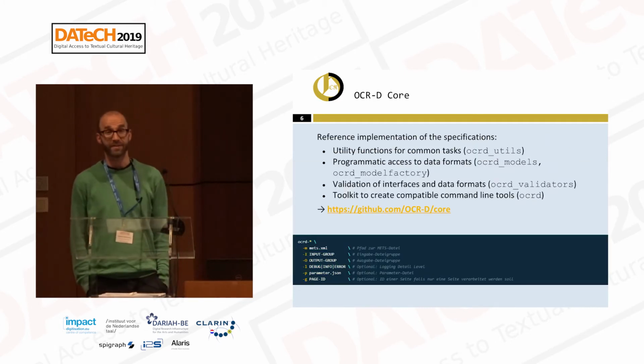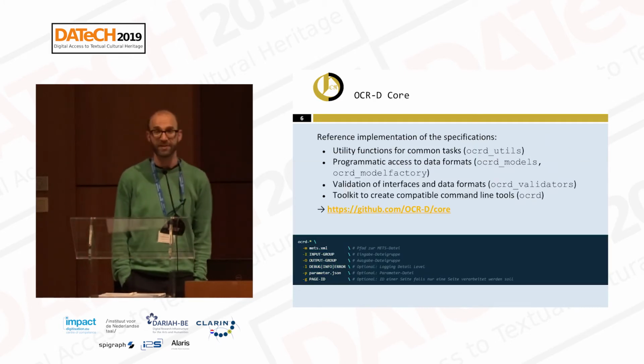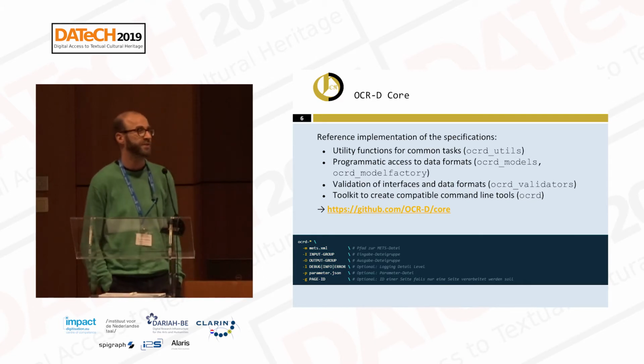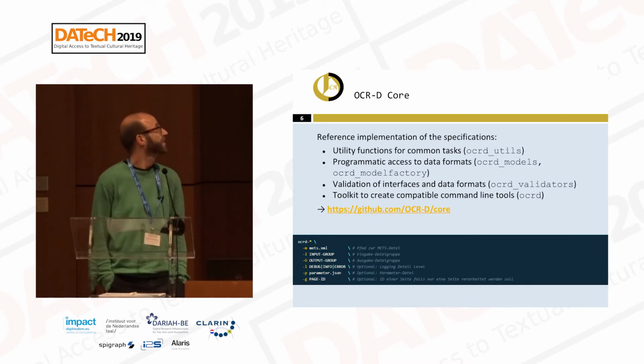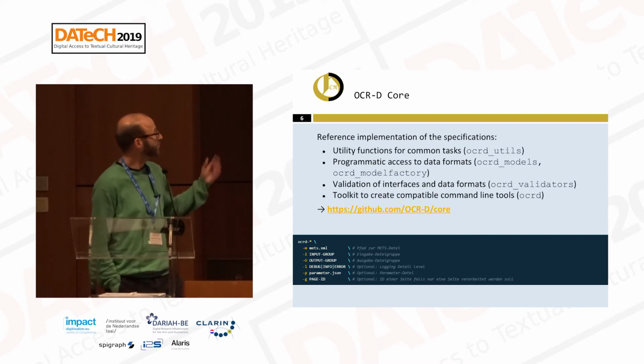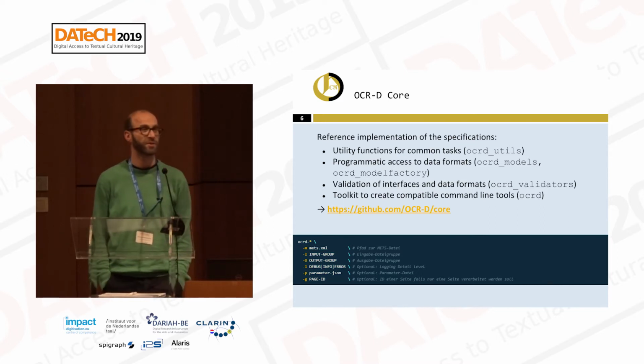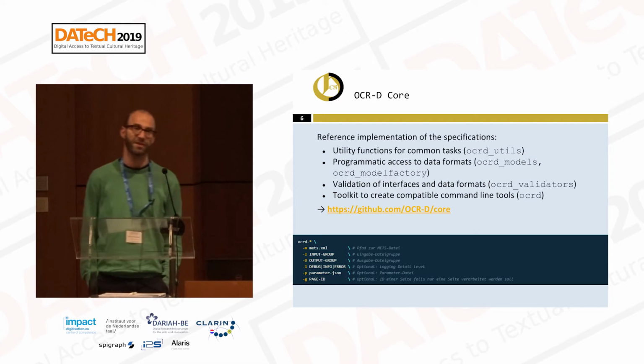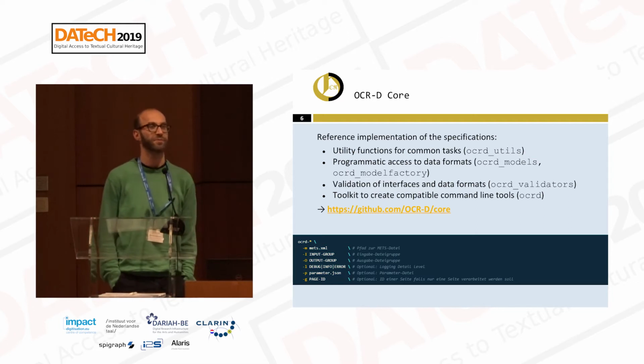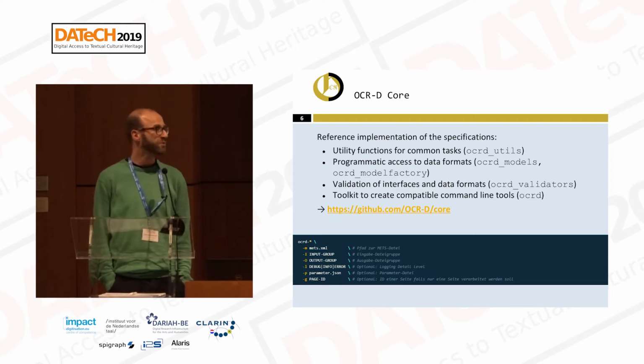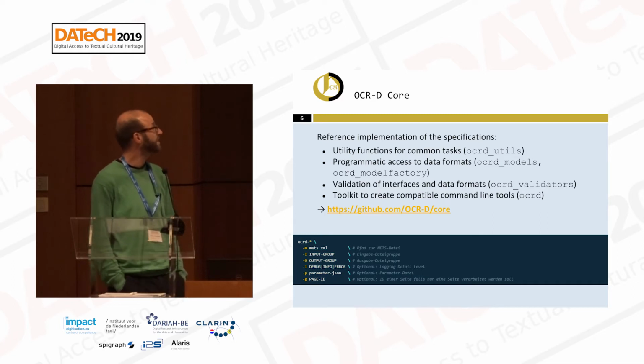Of course, for these specifications, we also provide a reference implementation from the coordination project, which is done in Python. And also that is, of course, openly available. So we require the Apache license for all the software that we develop so that it's really reusable also in commercial environments.